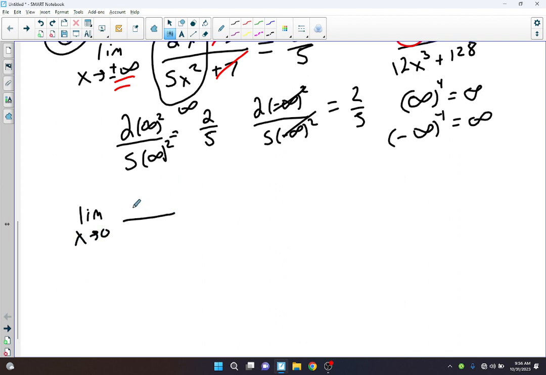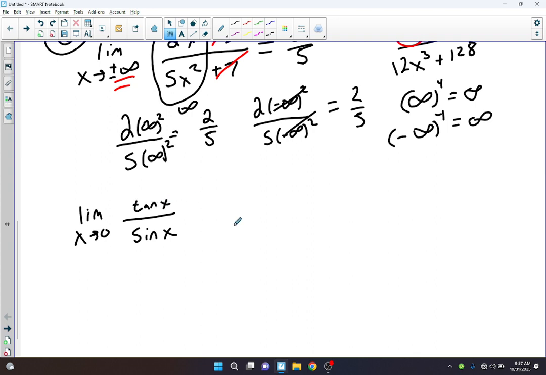This is made up. I don't know. This is not in the book. But let's say sine x on the bottom and then let's do tan x on top, okay?